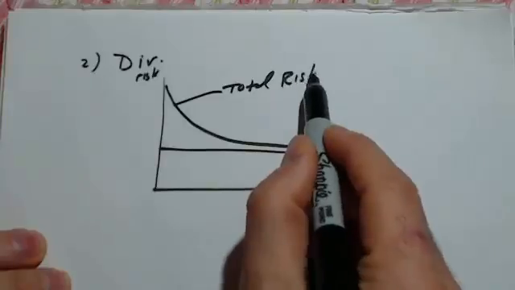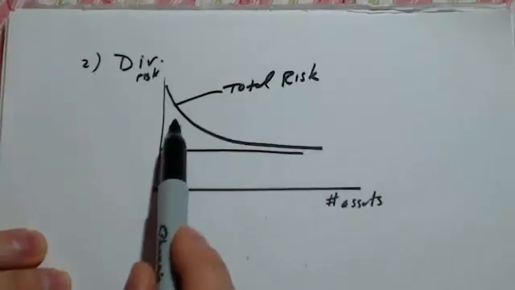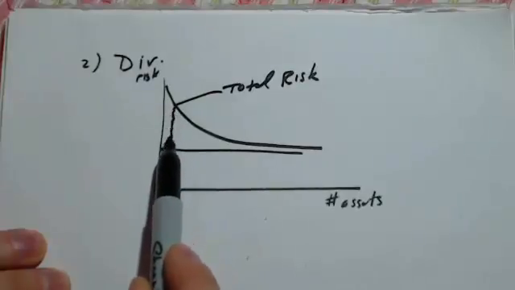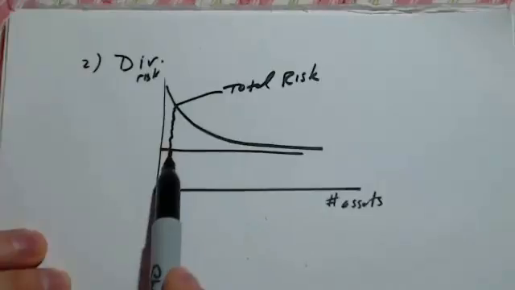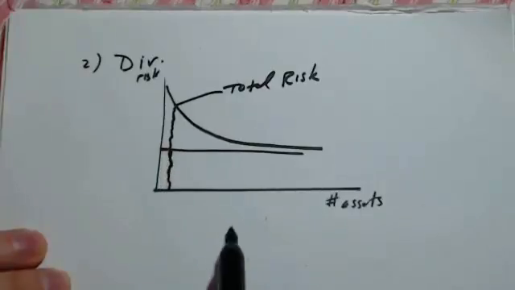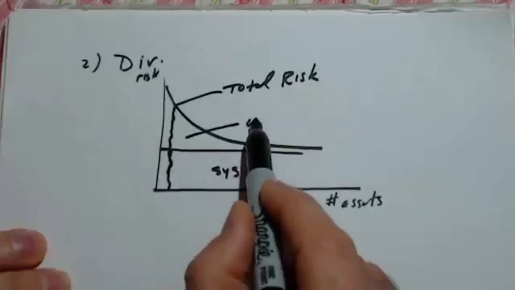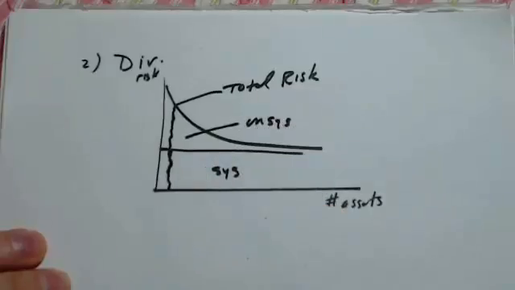Total risk, and your total risk is made up of company specific risk in this area right here. It's company specific risk right here, and then systemic macroeconomic risk here. So this is systemic, and you can say this is unsystemic, okay?